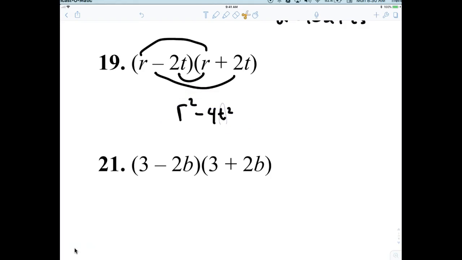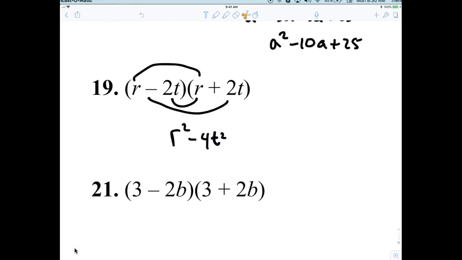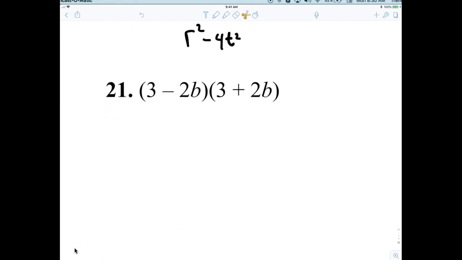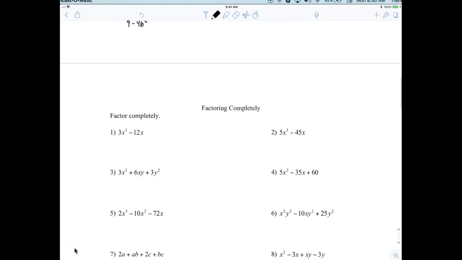Everybody okay with that? All right. Same here. 3 times 3. Negative 6b, positive 6b, and then it would be, all right, I'm pretty happy with you.